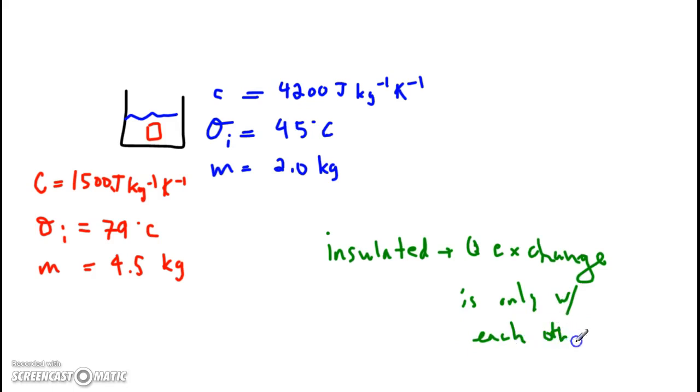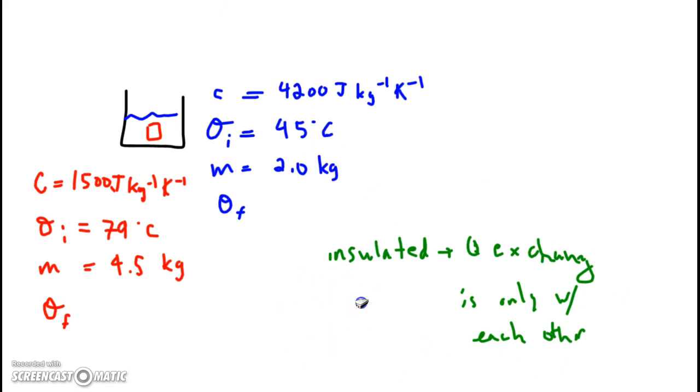After some time of exchanging heat, the block loses some heat, the water gains some heat, and they reach the same temperature. They have the same final temperature, which I'll call theta F. Our task is to find that final temperature.